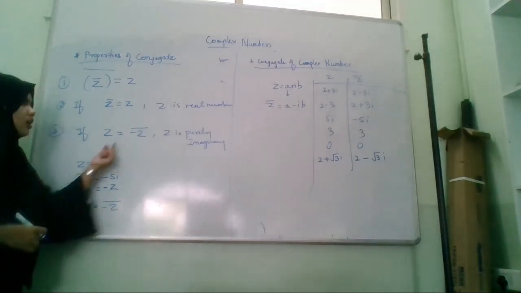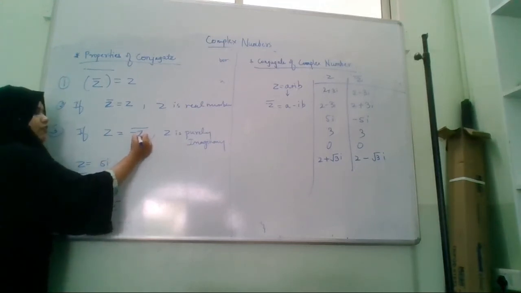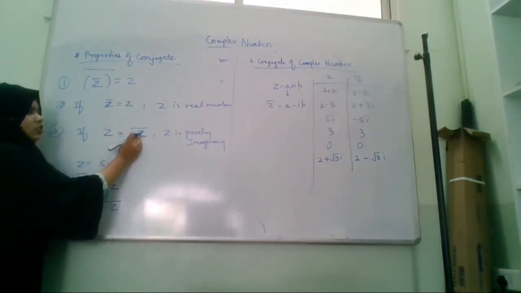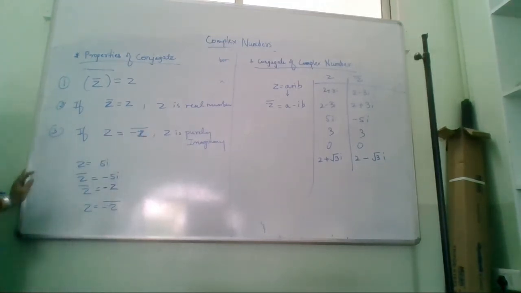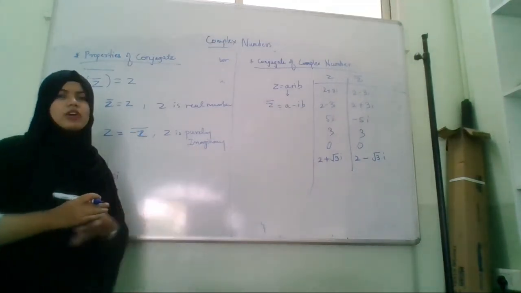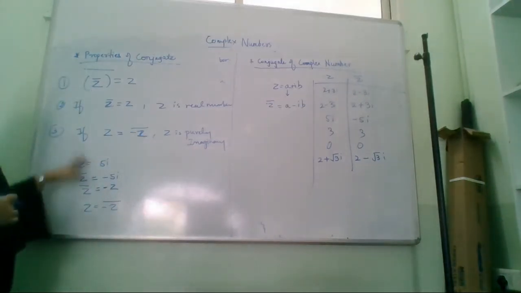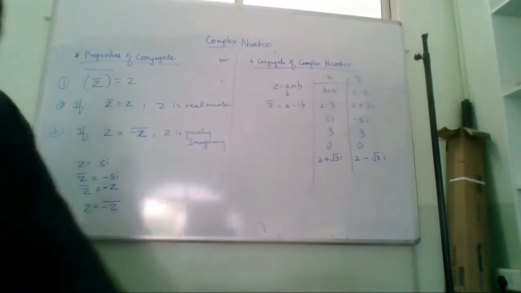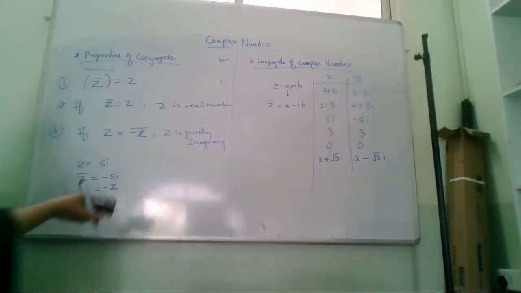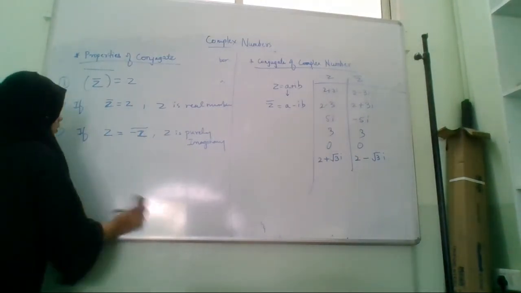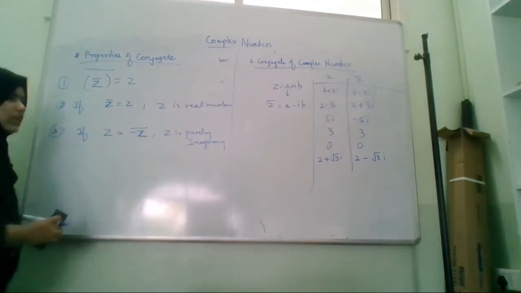So if you have Z equal to minus of Z conjugate, then your Z should be a purely imaginary number. Right? So this property is just for a purely imaginary number. I hope all of these are clear to you.